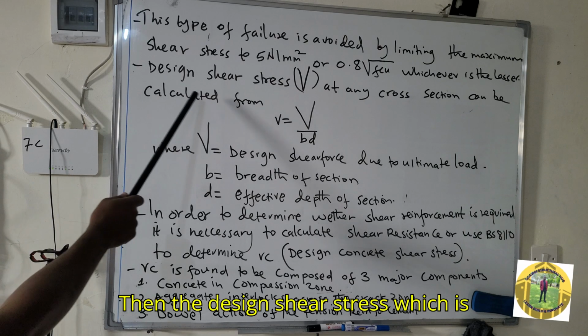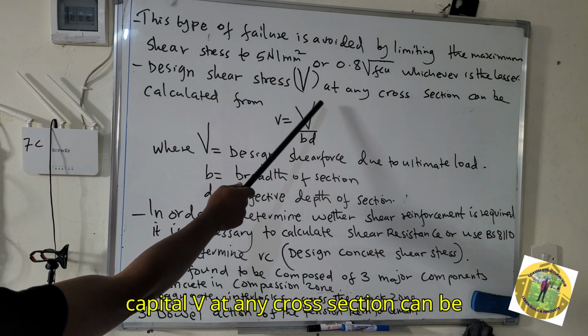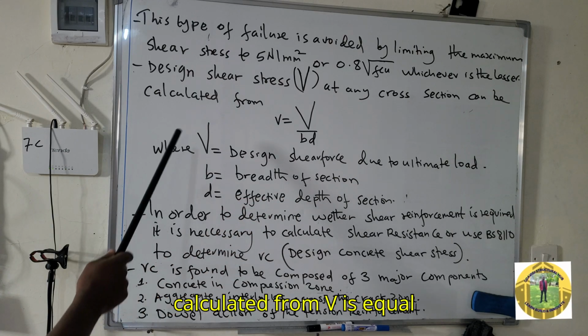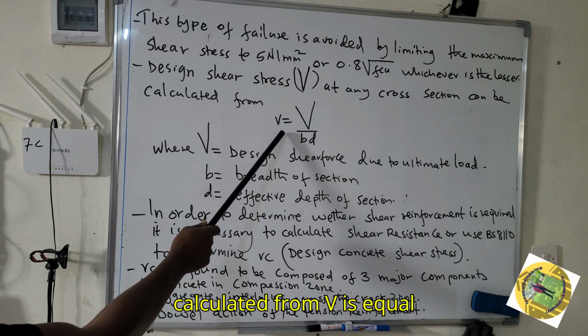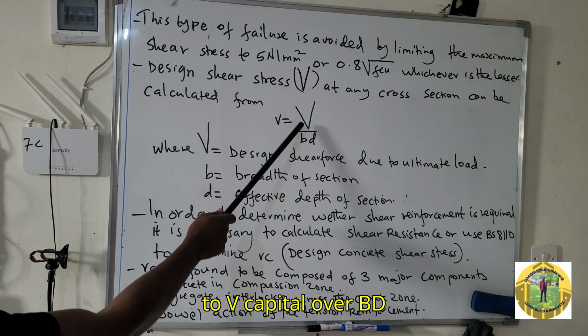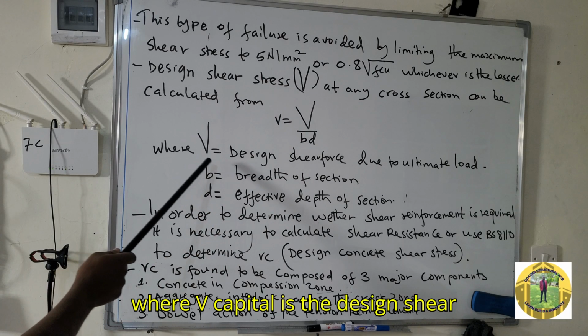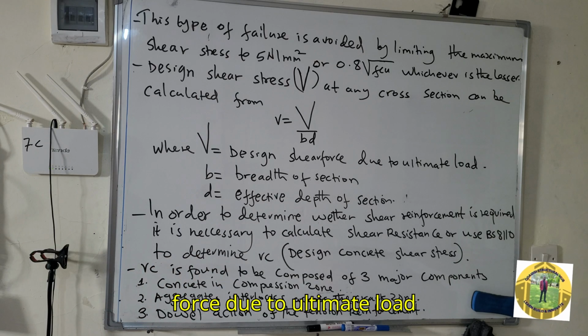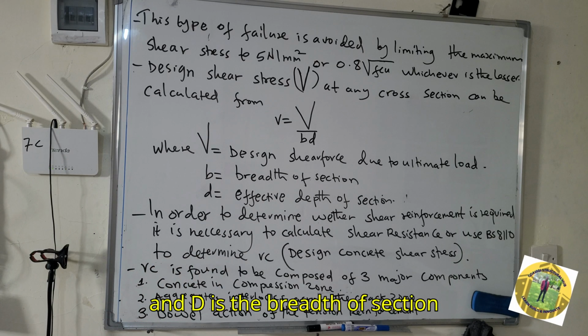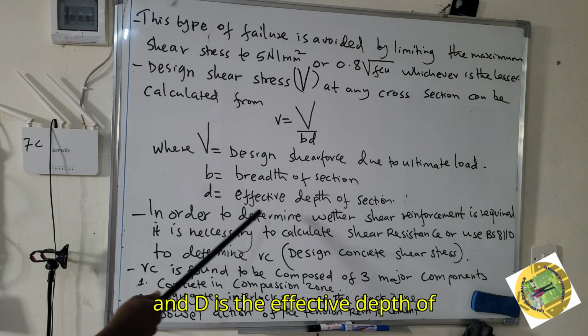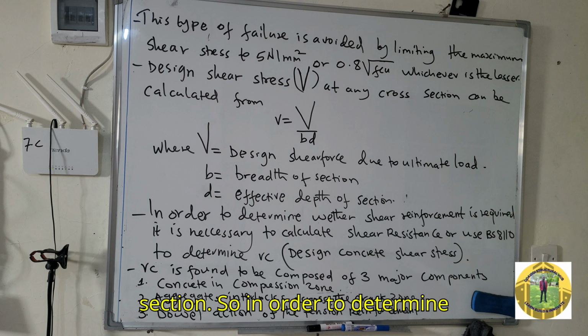Then the design shear stress, which is small v, at any cross section can be calculated from v equals V over bd, where V is the design shear force due to ultimate load, b is the breadth of section, and d is the effective depth of section.